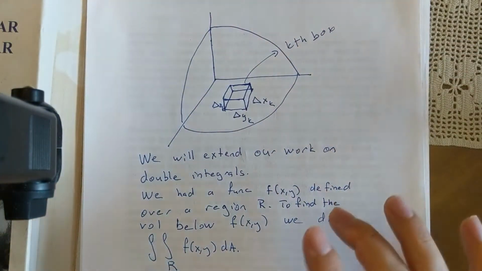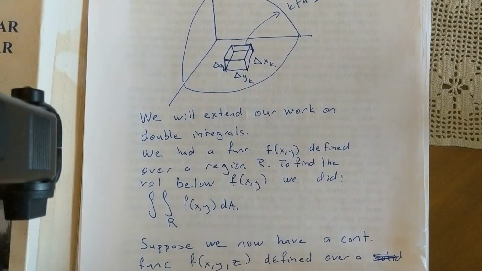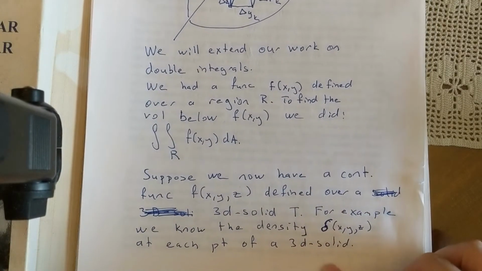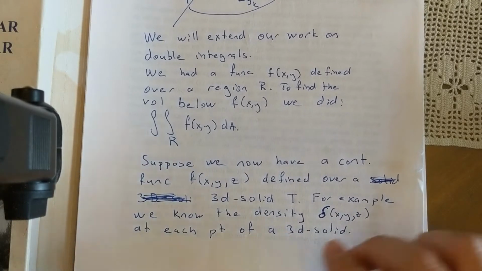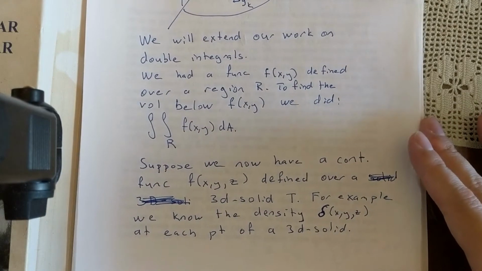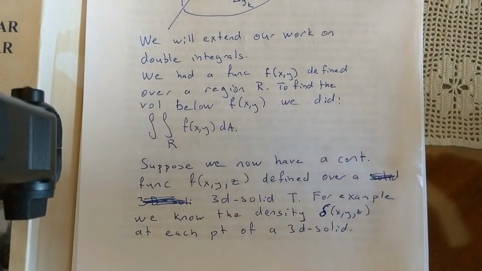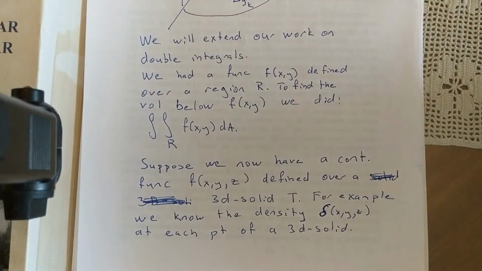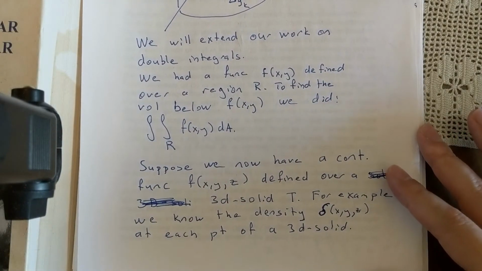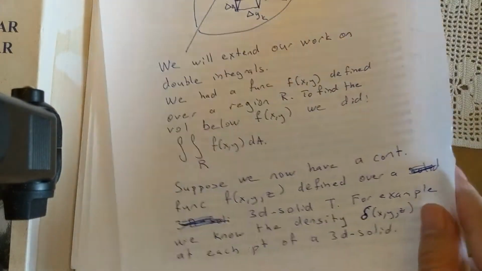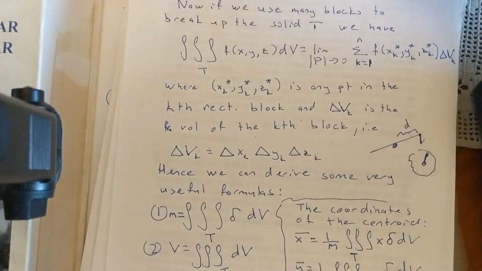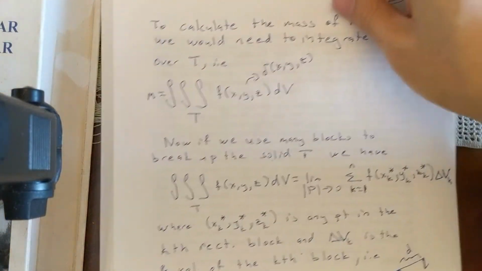Okay, so if we think about that function as, let's say, delta of x, y, z, d for density, and this delta is continuous. Once we know density at each point, to calculate the mass we would have to integrate this density over the whole solid.